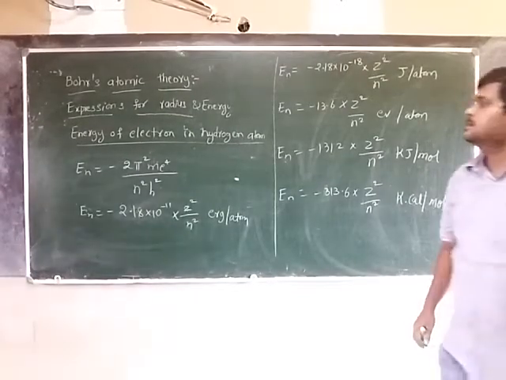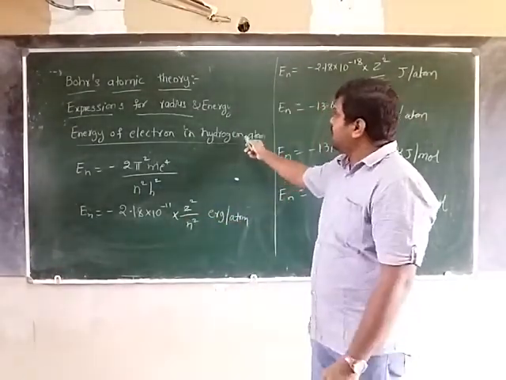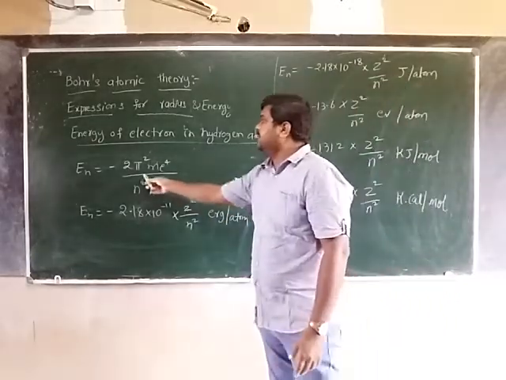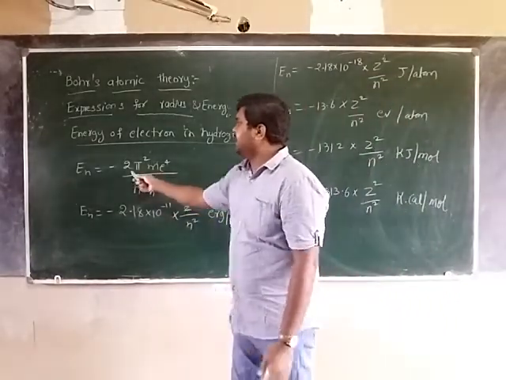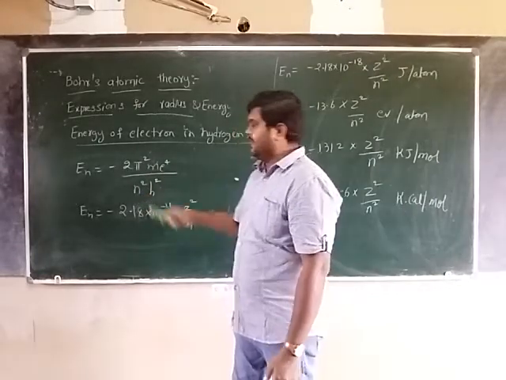Now we will see the energy of the electron in the hydrogen atom and hydrogen-like atoms. So En is equal to minus 2 pi square me4 by n square h square.